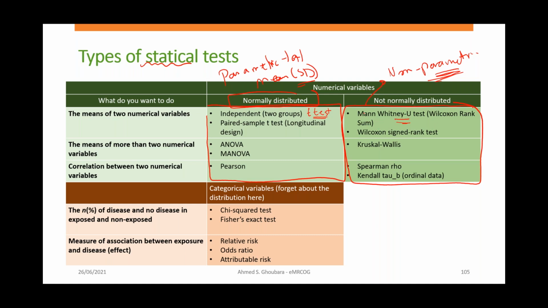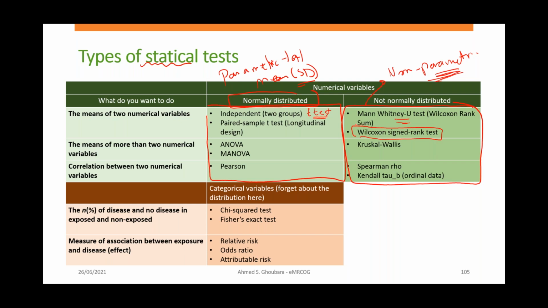Another non-parametric test is called Wilcoxon signed rank. So where are we now? We have two groups of people. We need to compare the mean of one group to the mean of the other group. If they are perfect, t-test. If they're not perfect, we use the Mann-Whitney test or Wilcoxon signed rank test.